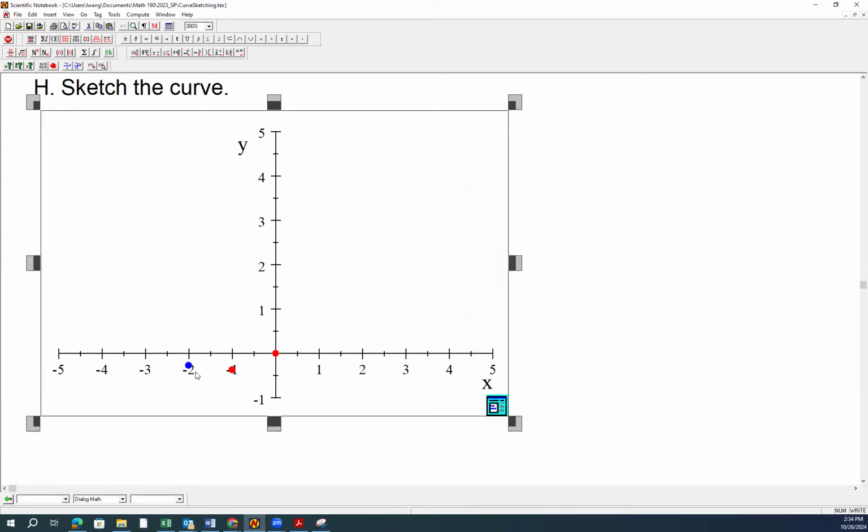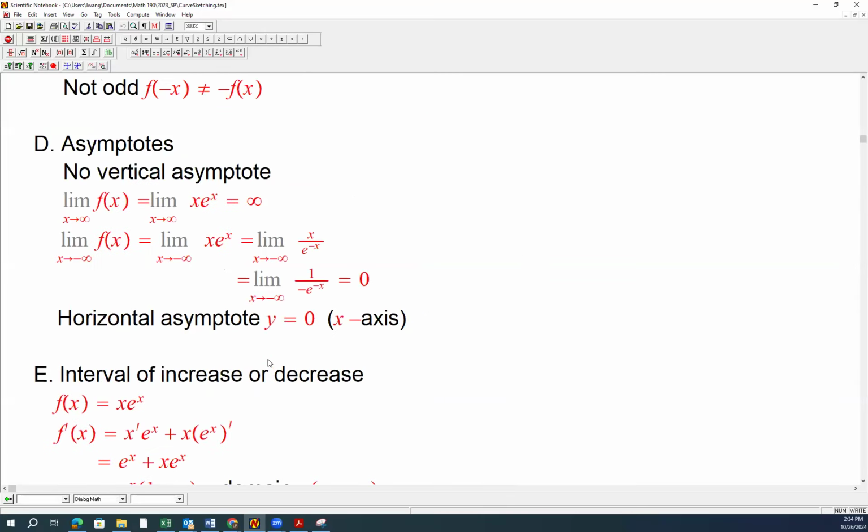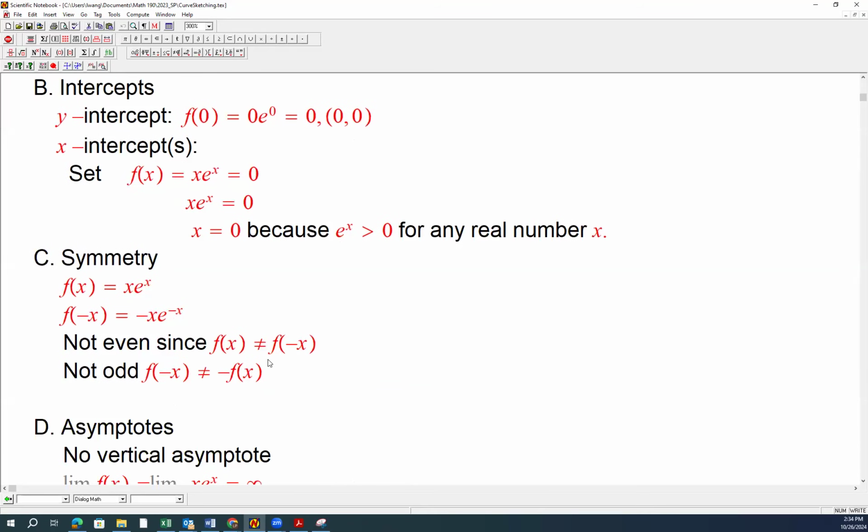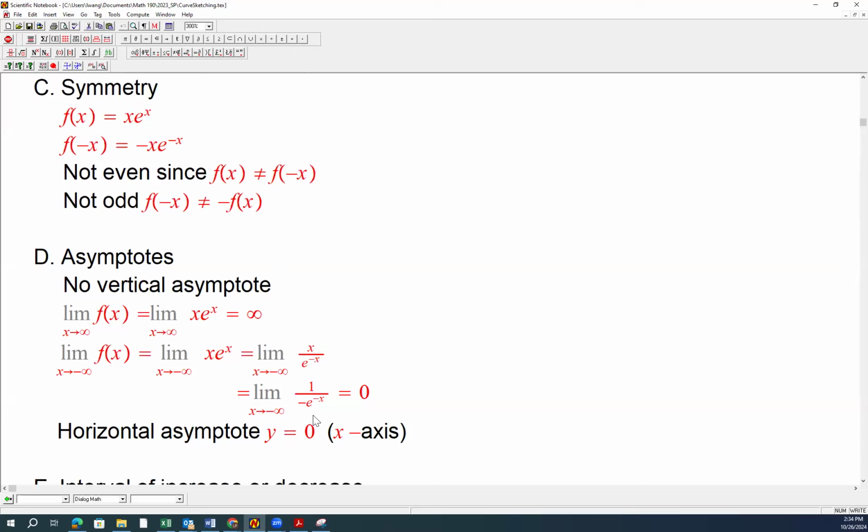Okay, so we can see the curve is going to come from negative infinity, right? It's going to be approaching zero from above or below, right? When we were looking for the horizontal asymptote, you see it actually approaching zero from smaller than 0.